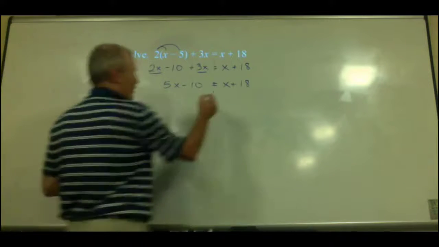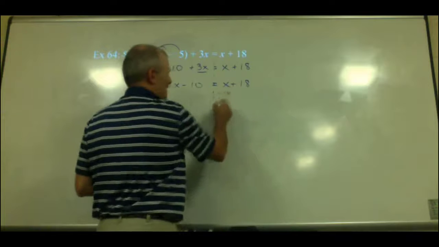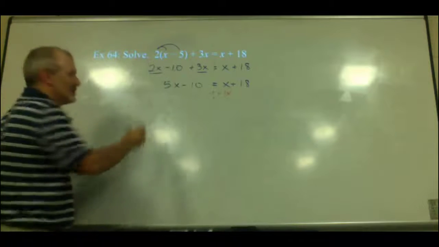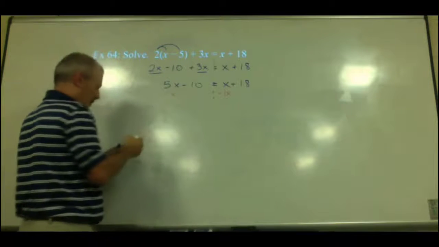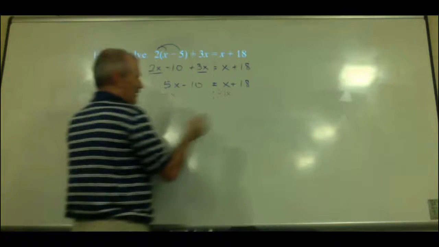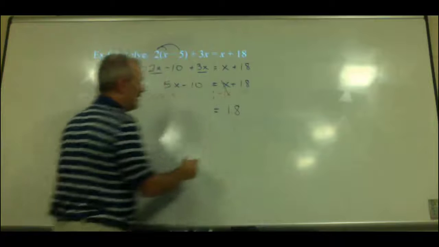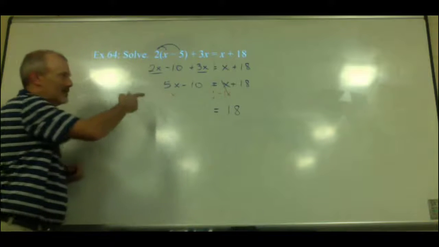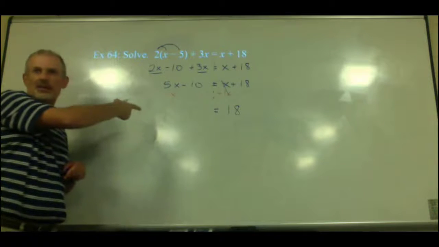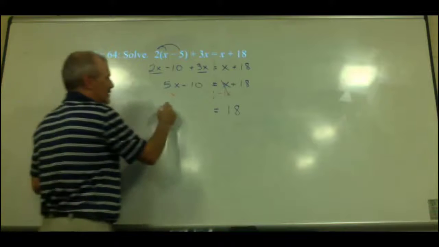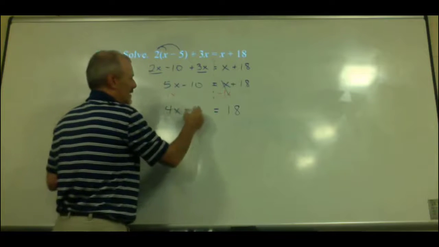Subtract the 1x. And I'm going to emphasize it is a 1x. So subtract the 1x over here. On this side, it just cancels. That was the goal. So all that's left over here is 18. Over here, 5x minus the 1x gives us 4x minus 10.